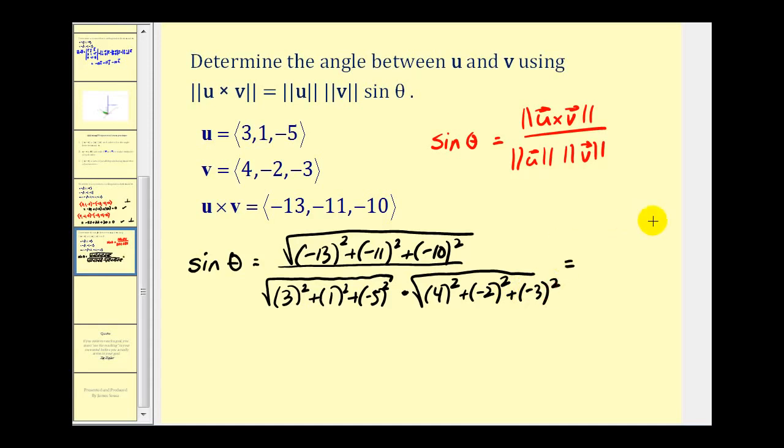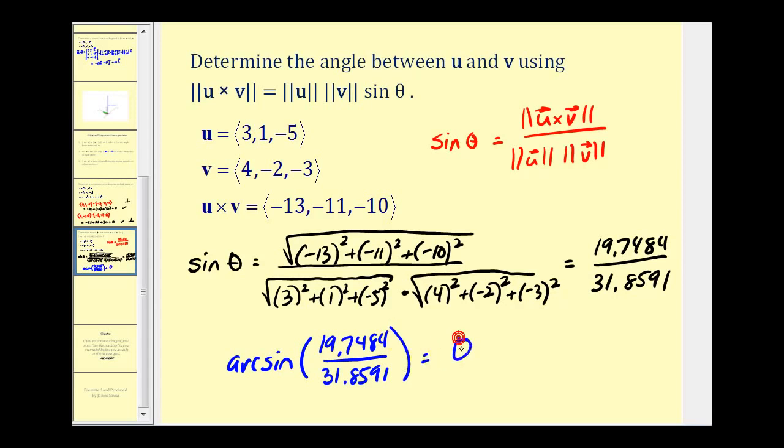Now to save a little bit of time, I've already simplified this. This comes out to approximately 19.7484 divided by approximately 31.8591. Now using some trig, if sine theta is equal to this ratio, that means arcsine of this ratio would give us angle theta. So let's go ahead and get our calculators out and give that a try.